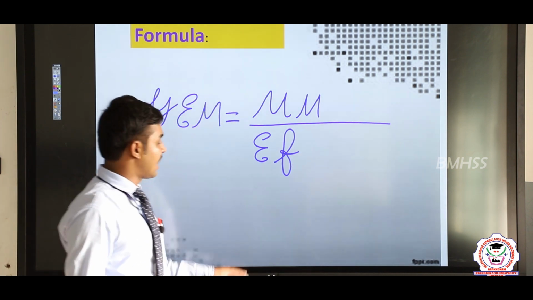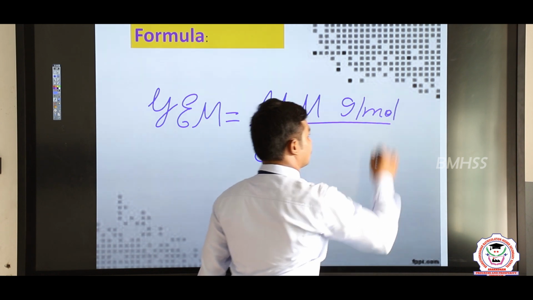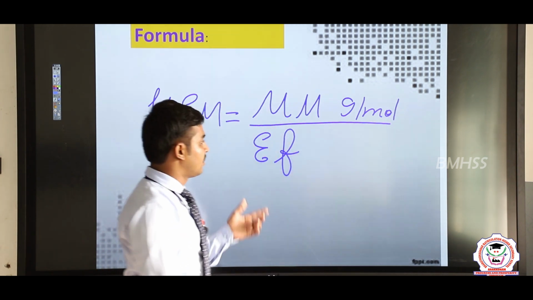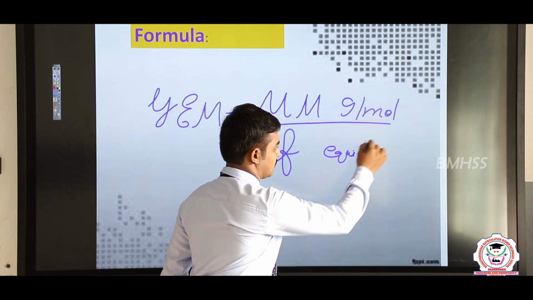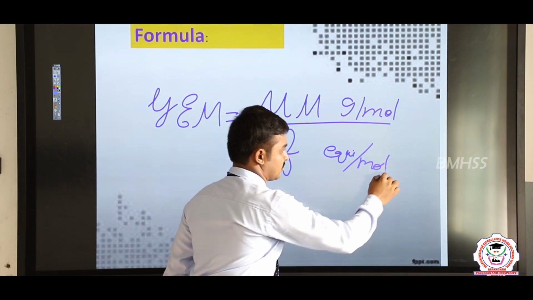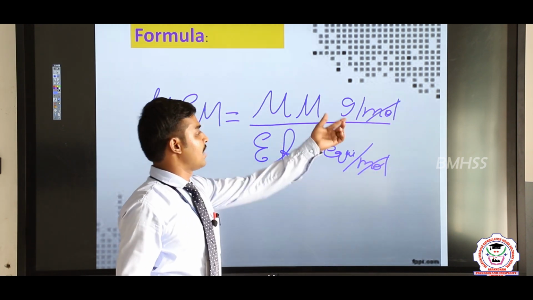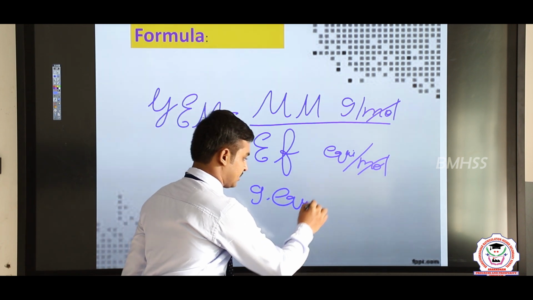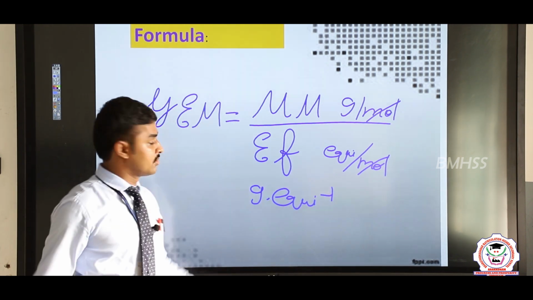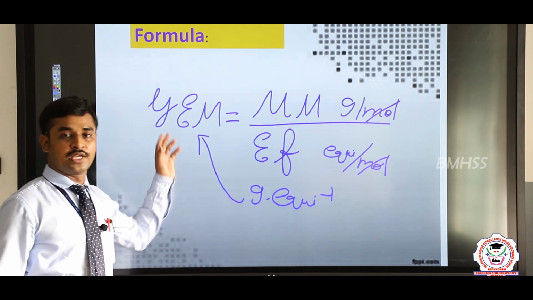Molar mass already has the unit gram per mole, and the equivalent factor has the unit equivalent per mole. So, the units in the division cancel, and gram divided by equivalent can be written as gram equivalent inverse. So, this is the unit represented for gram equivalent mass.